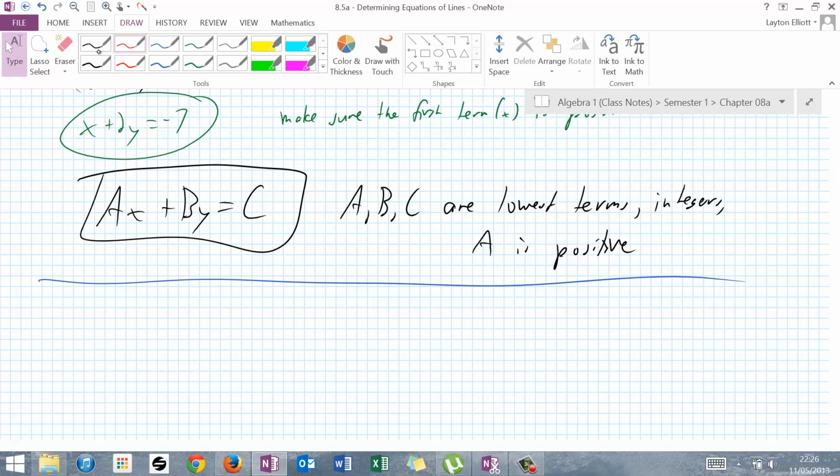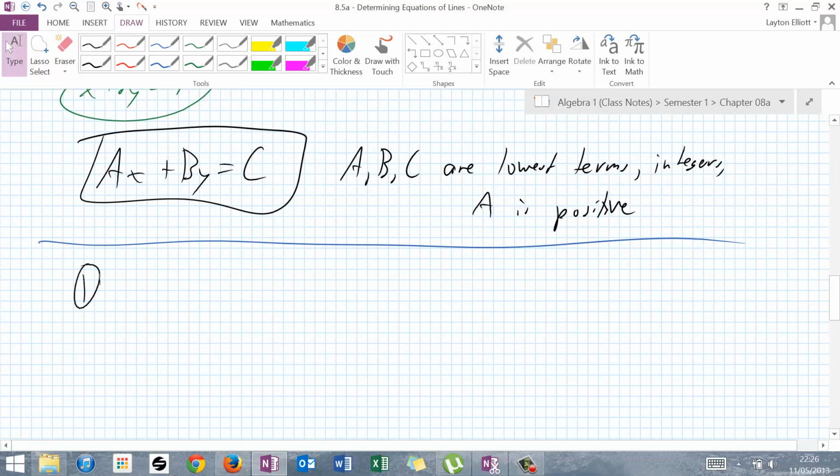is for number 1, this new example here, I'm going to want the equation in slope-intercept form and standard form.